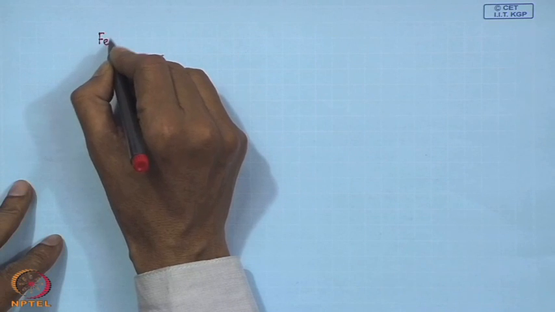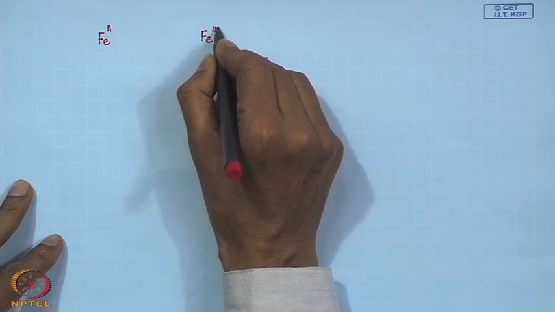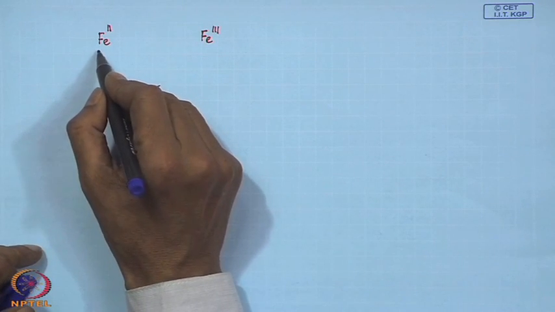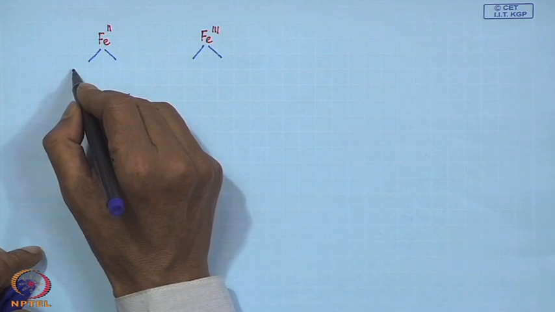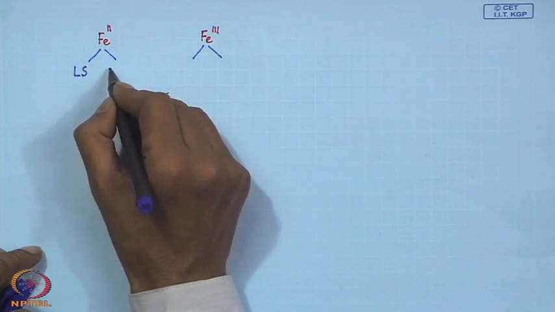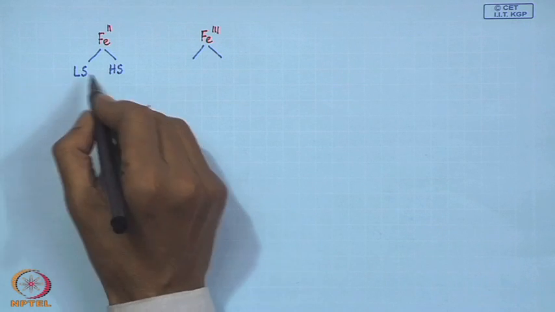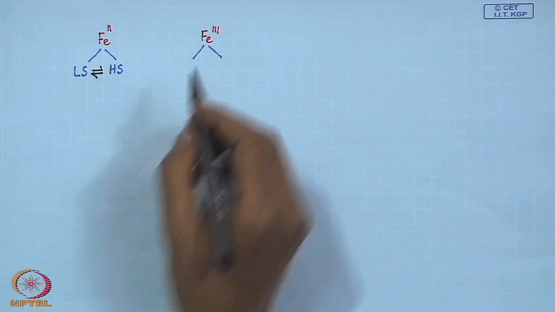So, this spectroscopy can be utilized to identify these 2 oxidation states in several compounds. If a spin state equilibrium is present, we will see that some equilibrium is operating between the high spin state and the low spin state.